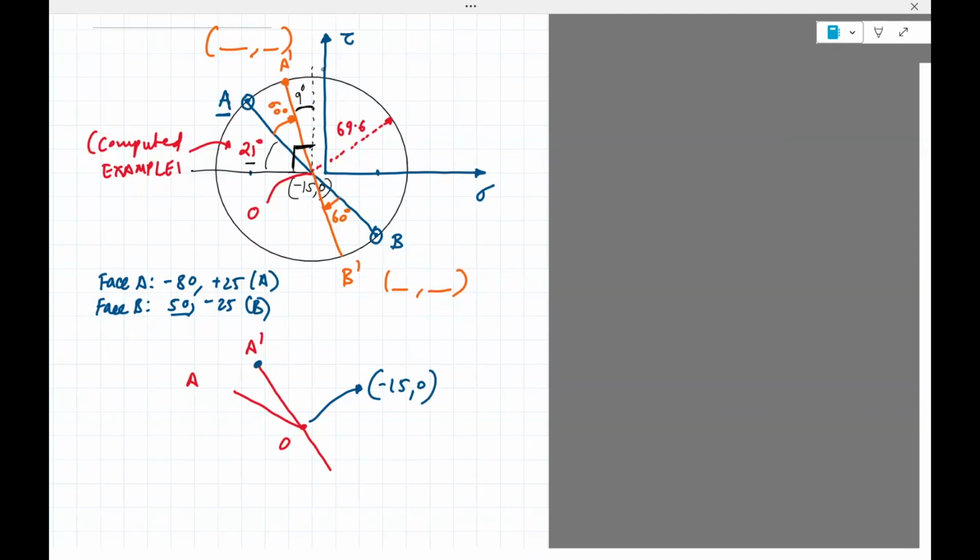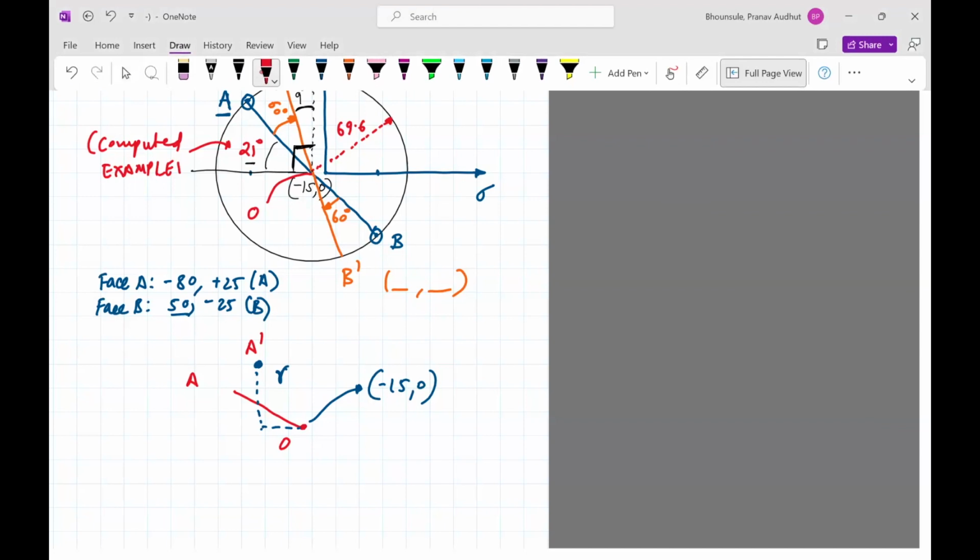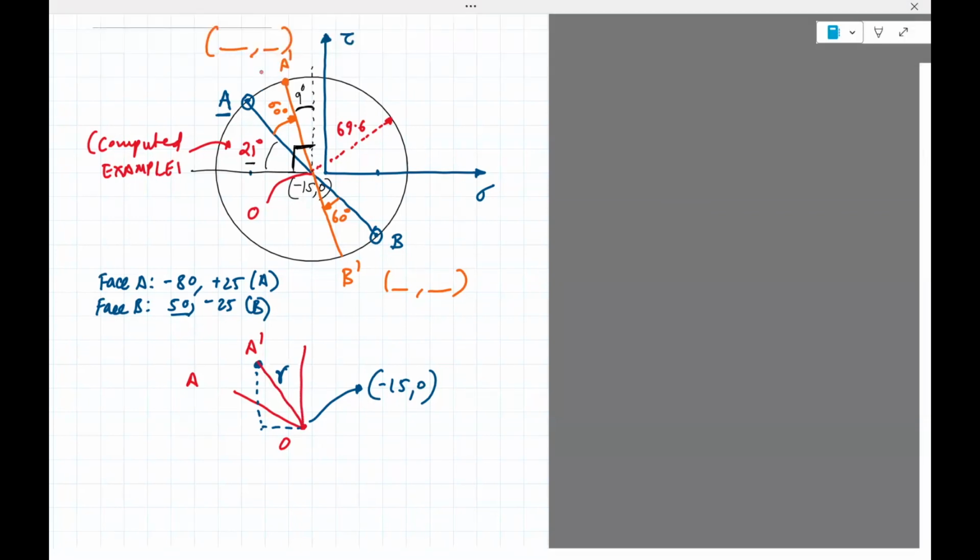So I need the distance of A prime on the x-axis and along the y-axis. So this is R. This angle, well, you could use that angle, or it might be just easier to use this one. This is 9 degrees, as shown there.